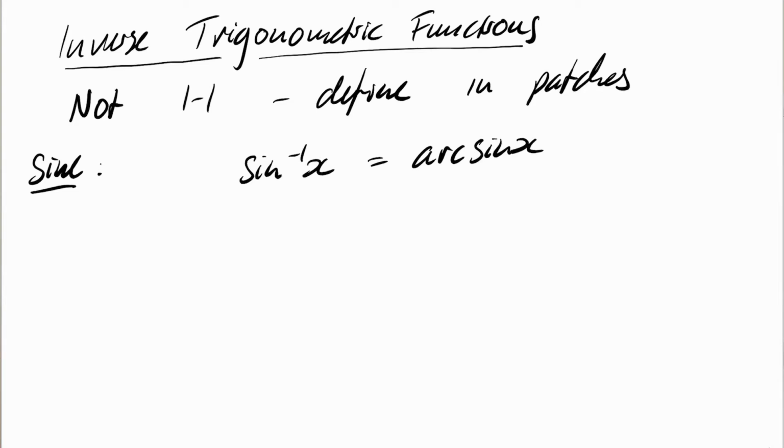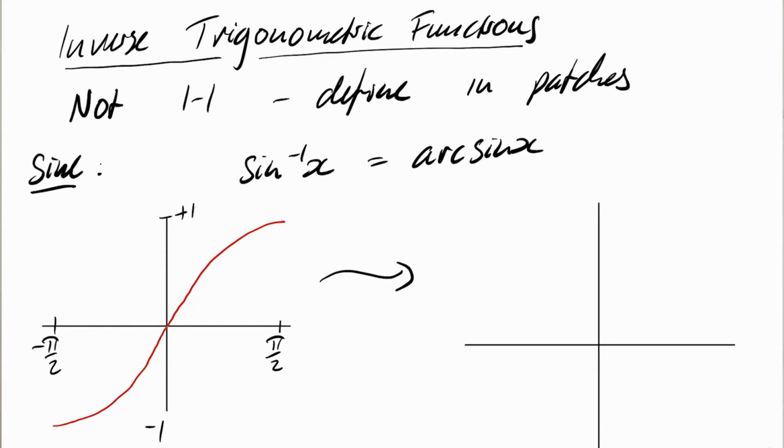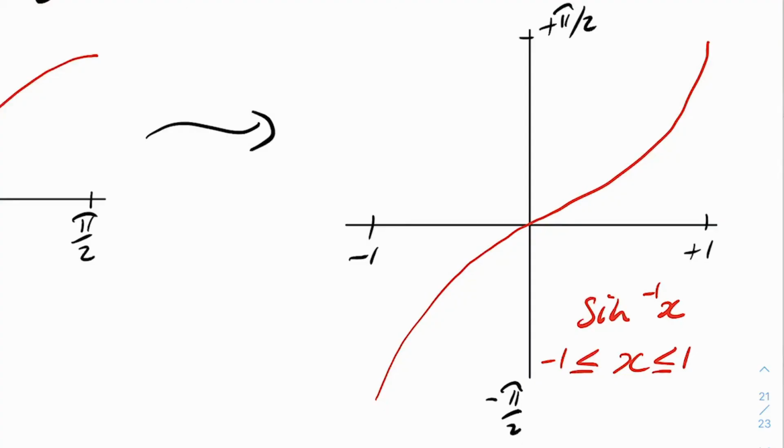For this function, we're going to choose just a patch of sine which is one-to-one, and that is a patch of sine which is defined between minus pi by 2 and plus pi by 2. So in this region, sine looks something like this. And if we invert that by reflecting in the line y equals x, we find a function that looks a bit like this, where inverse sine is defined in the interval minus 1 to plus 1.